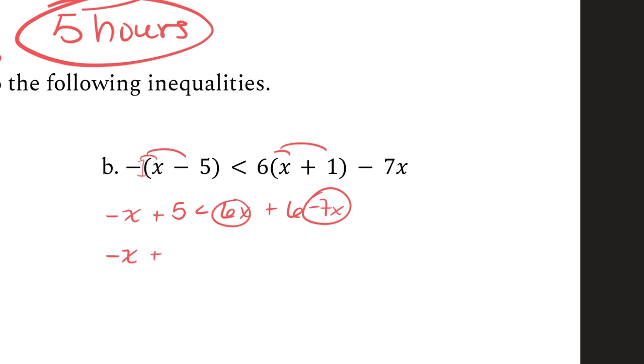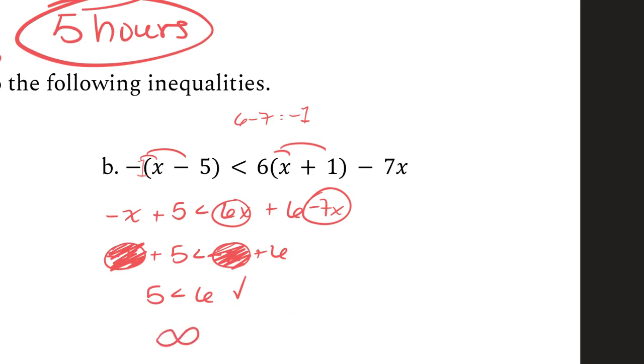So negative x plus 5 is less than, well, 6 minus 7 will be negative 1. So we will get negative 1x again, or just negative x, plus 6. All right, so again, our variables match. We're getting lots of examples of these, so mark them out. We get 5 is less than 6. And so that is a true statement, meaning we have an infinite number of solutions.